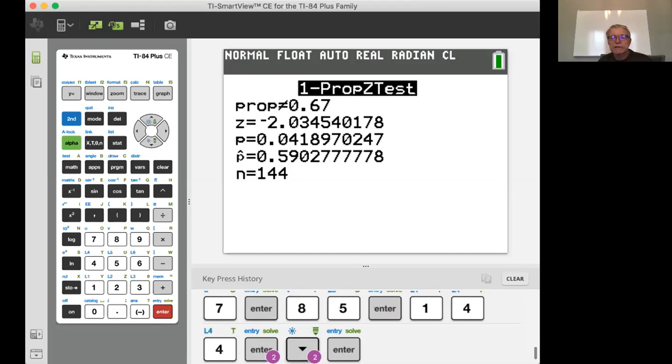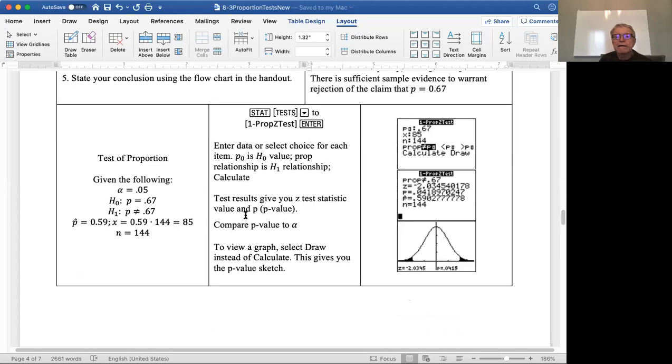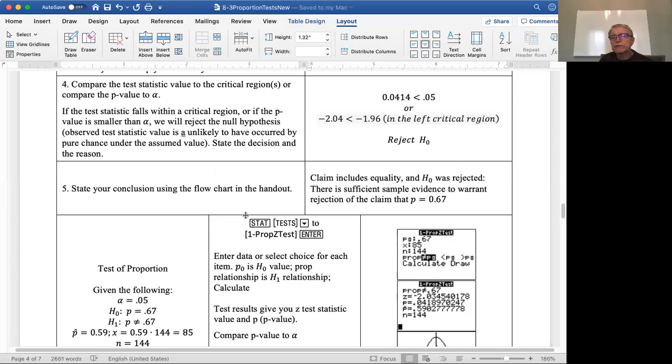All right, so let's get out of here and go back to our problem. And that gives us basically the same results.